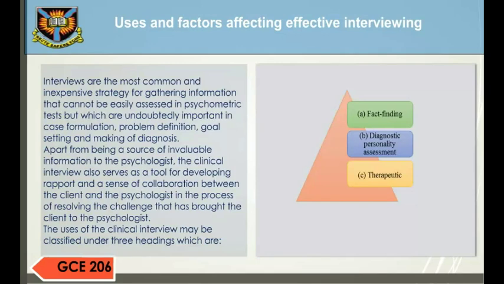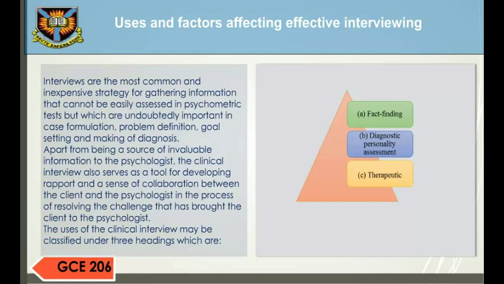Uses and factors affecting effective interviewing. Interviews are the most common and inexpensive strategy for gathering information that cannot be easily assessed in psychometric tests, but which are undoubtedly important in case formulation, problem definition, goal setting, and making of diagnosis.